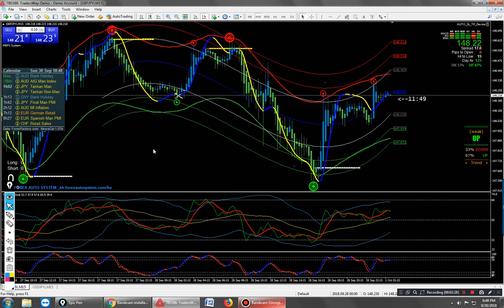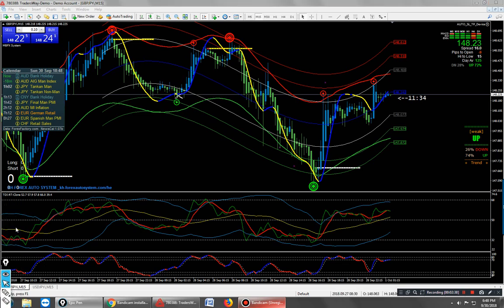So, the main indicator that you're going to be utilizing in the template, if you're not familiar with it, is what's known as the TDI indicator. That's this big indicator right here. It almost looks like price action inside Bollinger Bands. The red and green lines indicate your price action, and the blue lines indicate volatility bands.